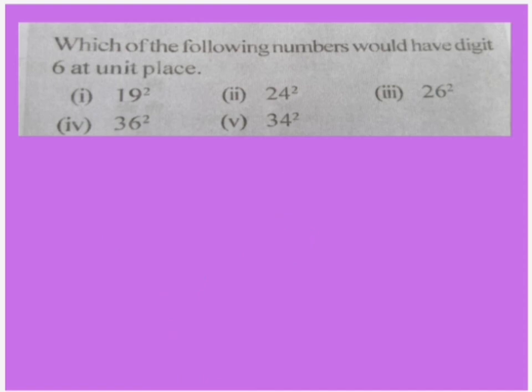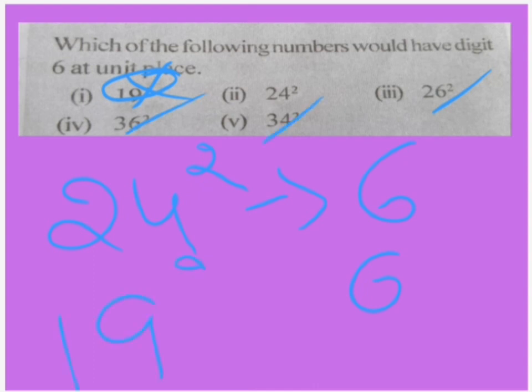Now here 19 square has 9, so this is not a number ending with 6. 24 square, after squaring, will end with 6. 26 square also ends with 6. 36 also, 34 square also. Except 19 square, all the other numbers end with 6 when they are squared.